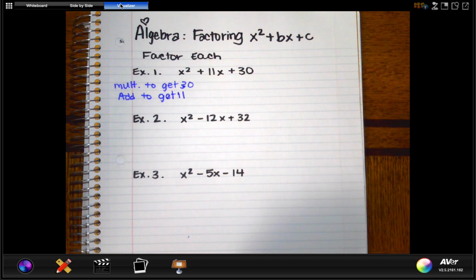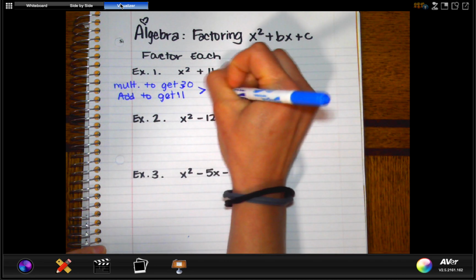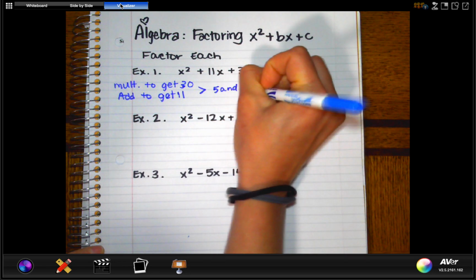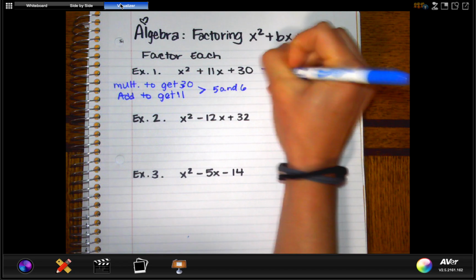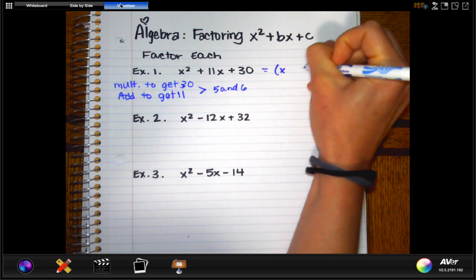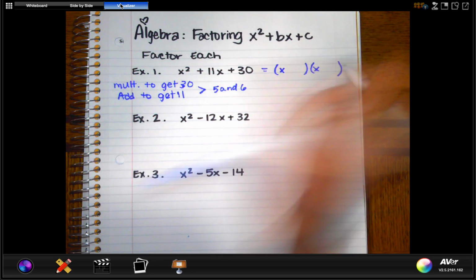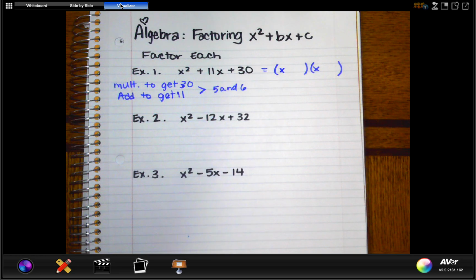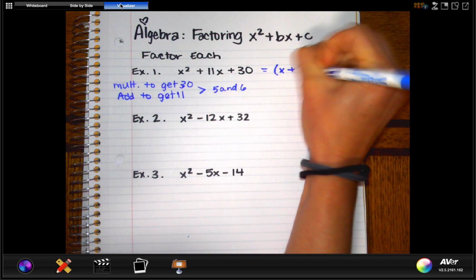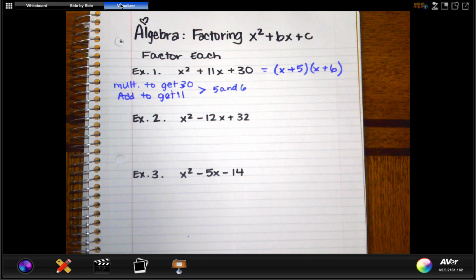Ding, ding, ding, 5 and 6. Okay, so the numbers we come up with are 5 and 6. And the way we factor this then is we put it into binomials where x is our first term, because when we redo this, we would end up doing x times x in our boxes, and positive 5 and positive 6 is what we get for our next terms.